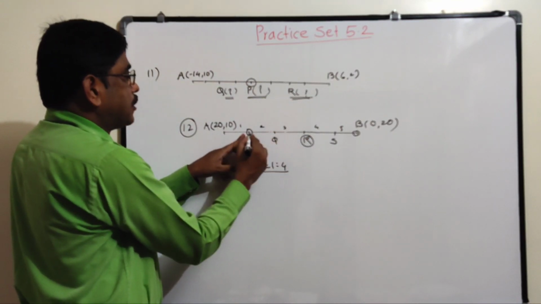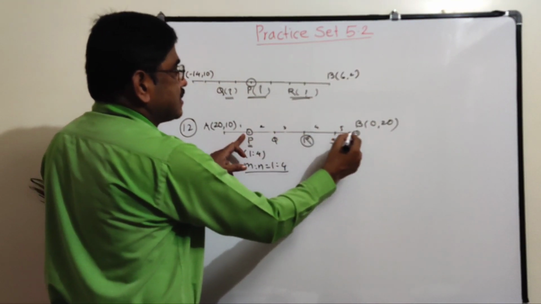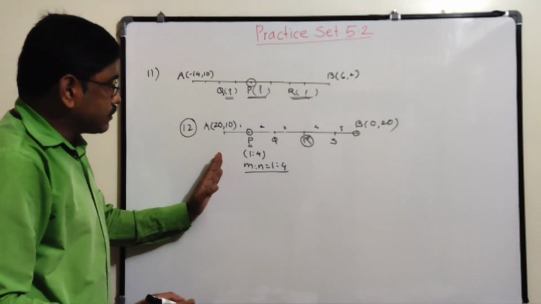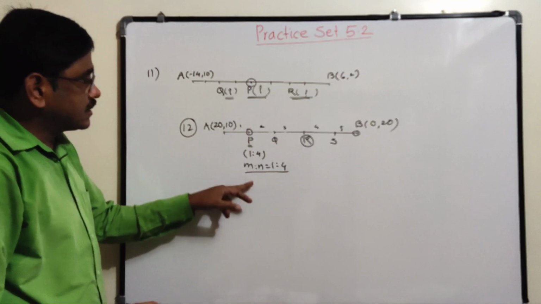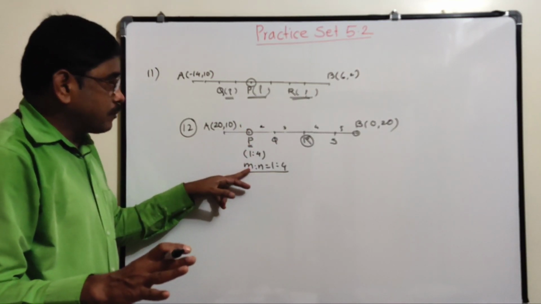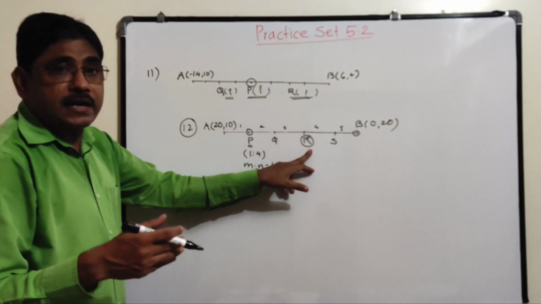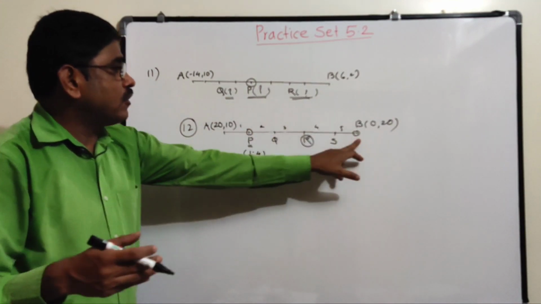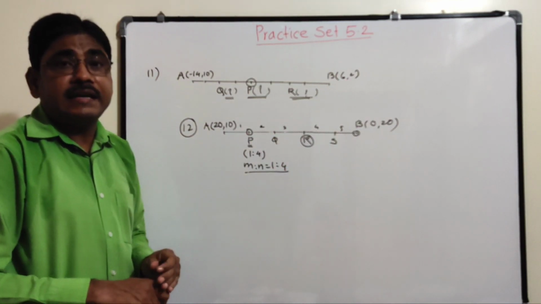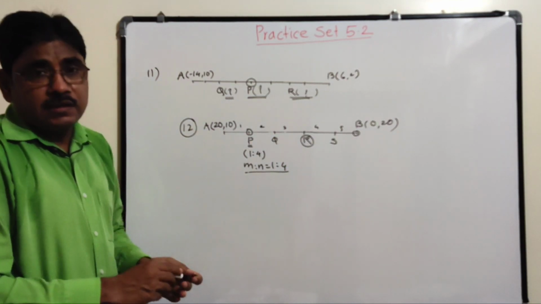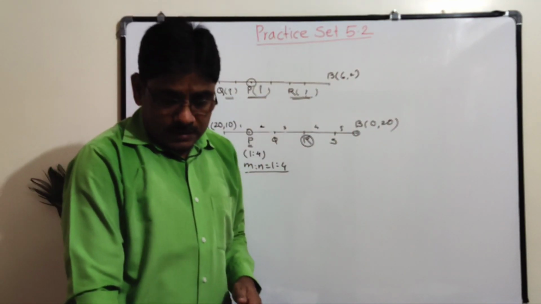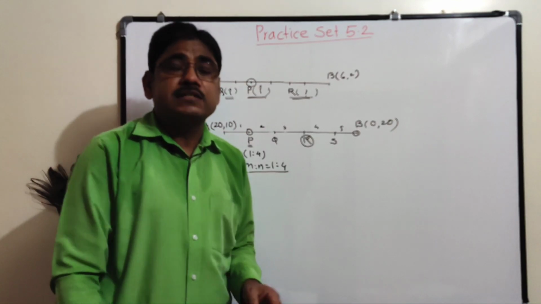Now Q is the midpoint of P and R, and S is the midpoint of R and B. So first we have to use the section formula to get the coordinates of P. Then find the coordinates of R using the midpoint formula, then Q and S by the midpoint formula. With 3 times the midpoint formula and 1 time the section formula, we get the coordinates. So in this way, this practice set 5.2 is completed.